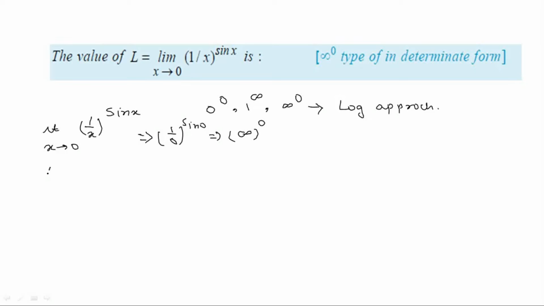So we will use the logarithmic approach. So the limit, L, is the limit as x tends to 0 of (1 by x) to the power sin x. Taking log on both sides, here we are taking the log to the base e.